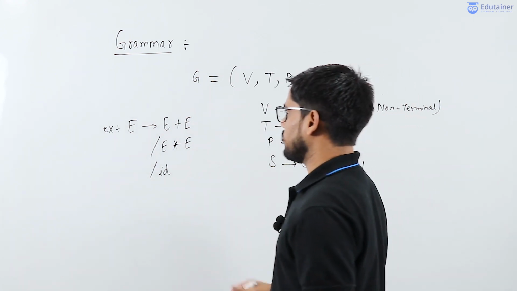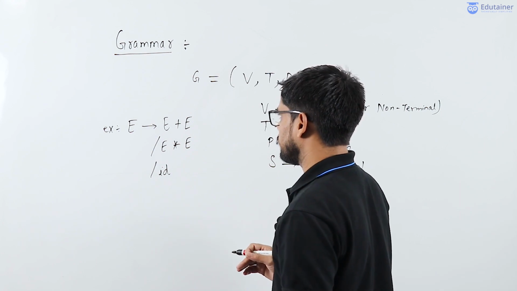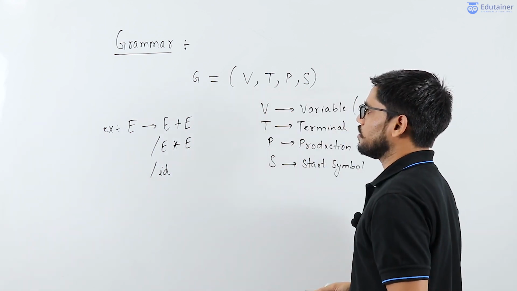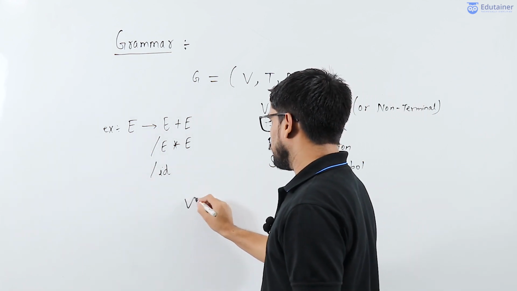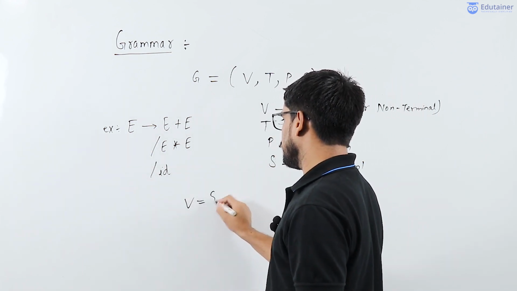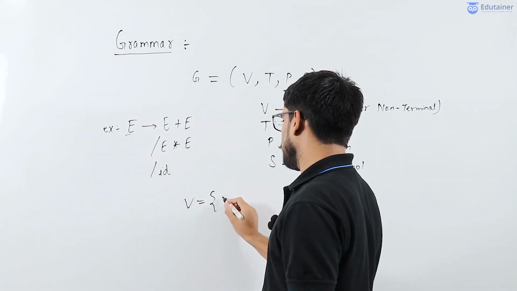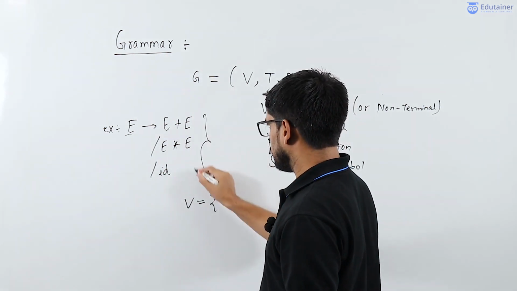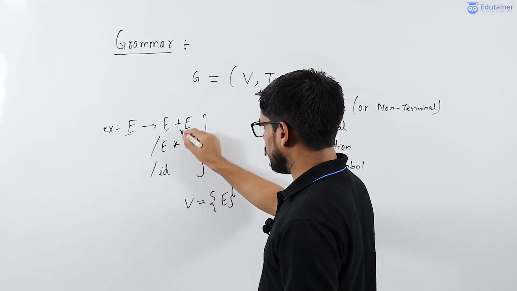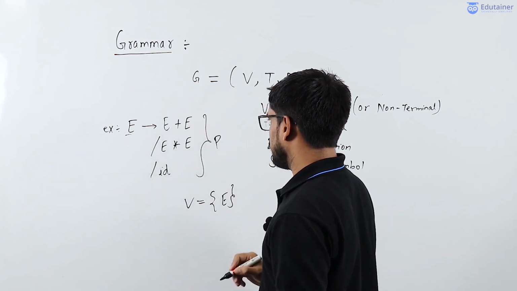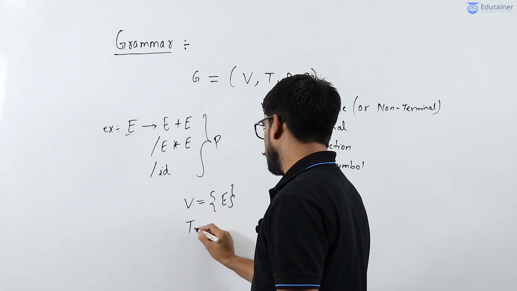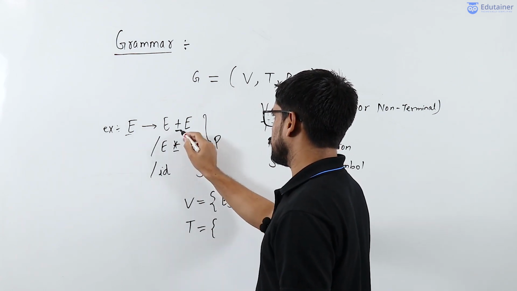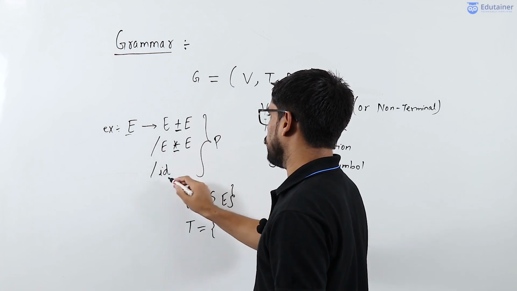Now in this grammar, if I want to identify the four different terms, then the variable, which is capital V, is here capital E. These three rules are nothing but the productions, P, and the terminals are the particular alphabet symbols in lower case.